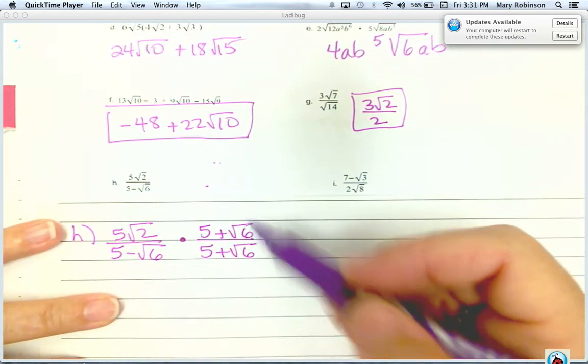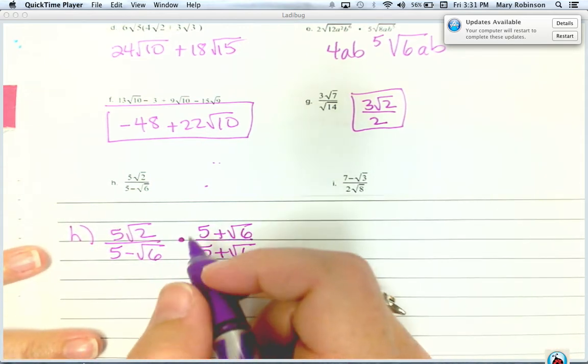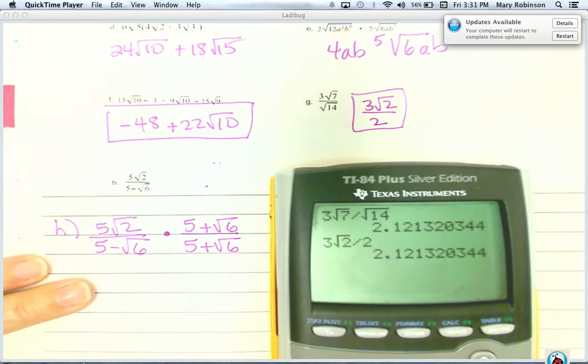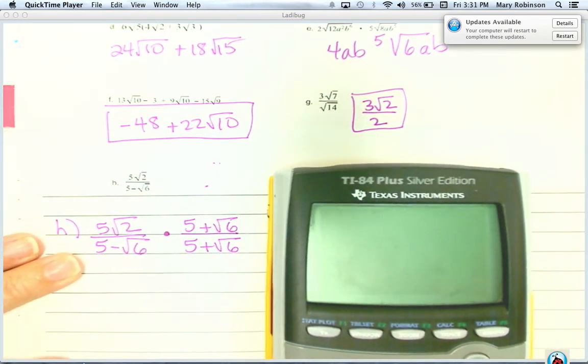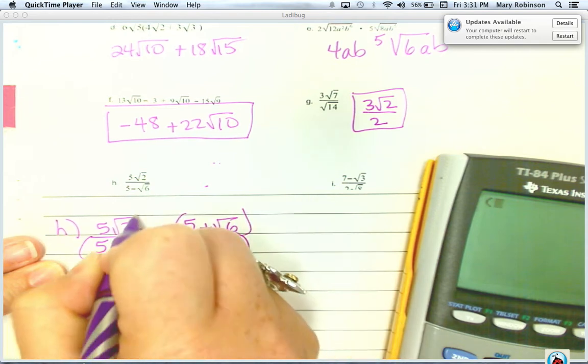We always want to multiply by the ratio that equals 1, made up of the conjugate. So that means when we multiply the bottom, if you need to, guys, I'm okay if you put it in the calculator because you will get an integer, as long as you do this correctly. But make sure you put parentheses around this stuff, okay?